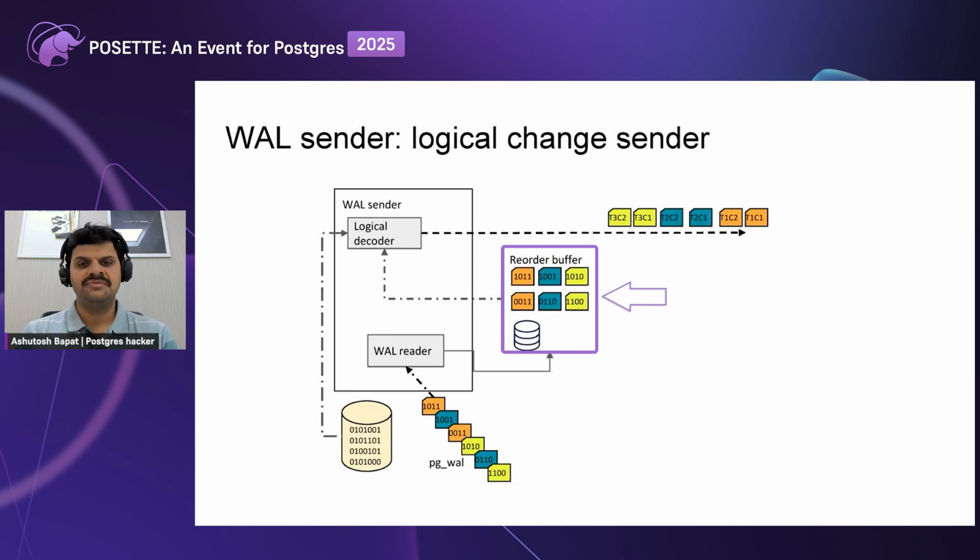If this memory area fills up, one or more transactions are chosen as victims, and their changes are flushed to disk to make way for newer transactions. When a transaction gets committed, if it's already there in the reorder buffer, it is passed to the logical decoder. If it's on the disk, it is pulled from the disk and passed to the logical decoder.